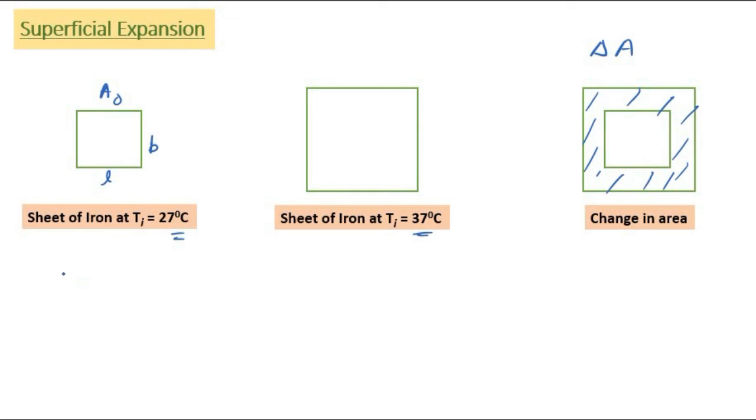Again I won't be repeating the entire story, but delta A is proportional to A0, that means if you would have taken a bigger sheet, then the area expansion would have been bigger.